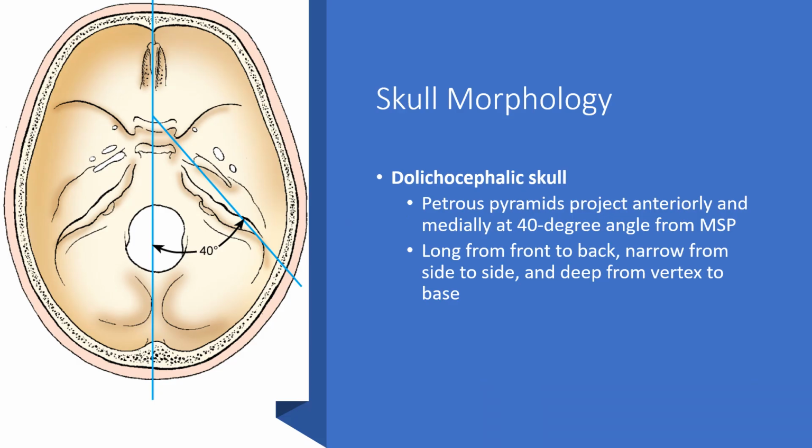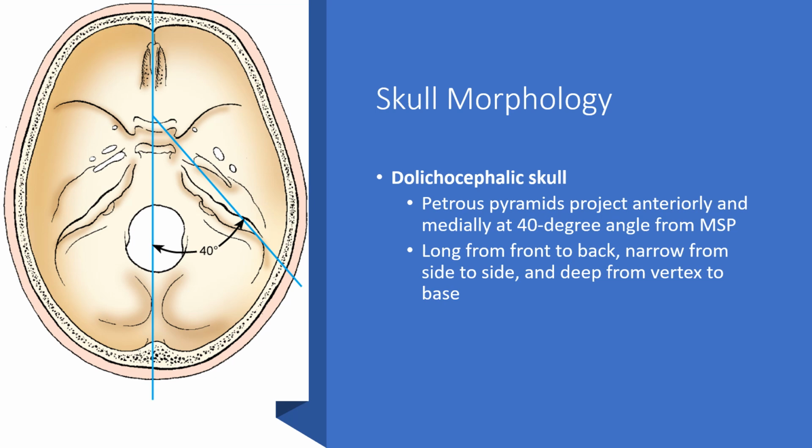All right, dolichocephalic skull, a 40-degree angle. So this is a skull that is narrow from side to side, but more vertical in its form. It is long front to back, but it's also taller.